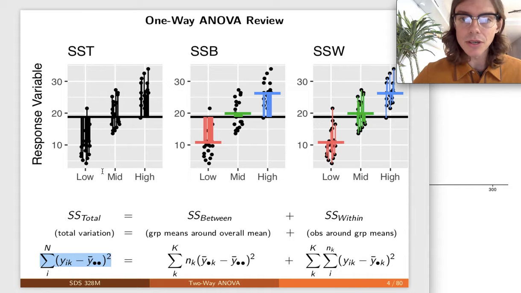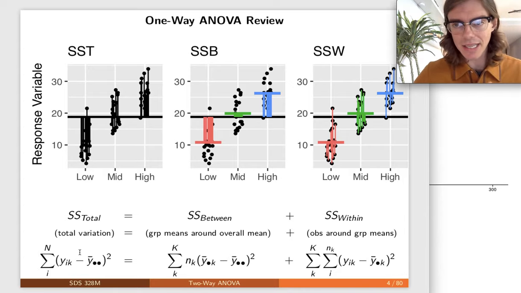If you were to calculate the variance of the response variable, that's just the numerator. How far is each guinea pig's individual tooth growth measurement from the average tooth growth measurement across all guinea pigs? Do that for each guinea pig, square them, and add them up. And that's your total sum of squares, or sum of squares total.